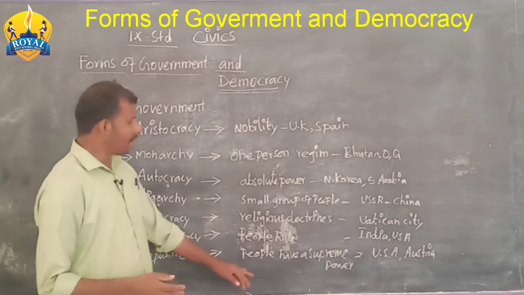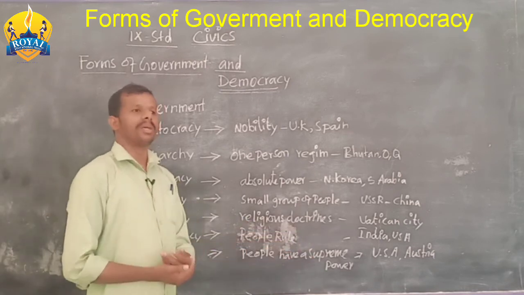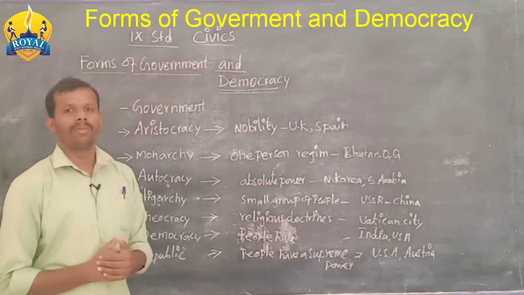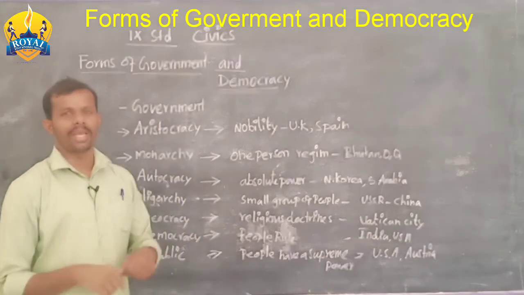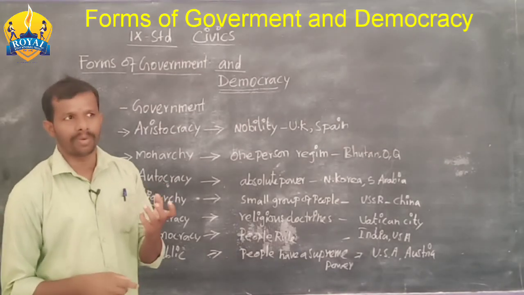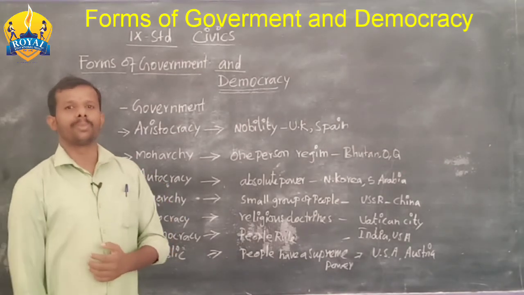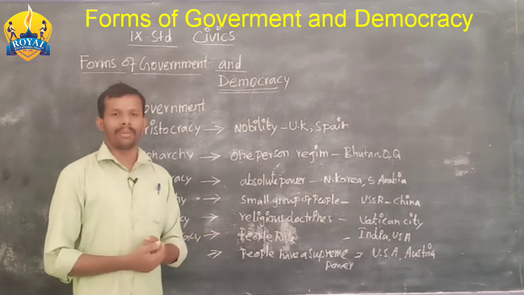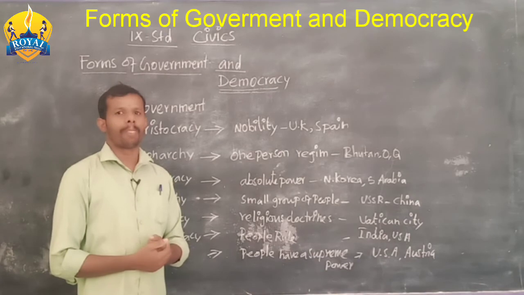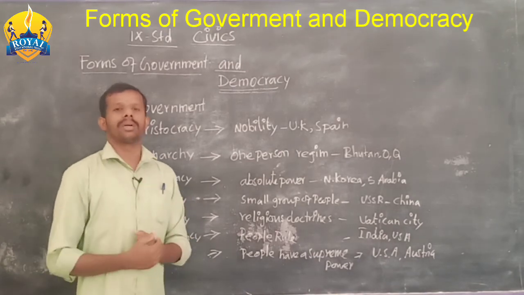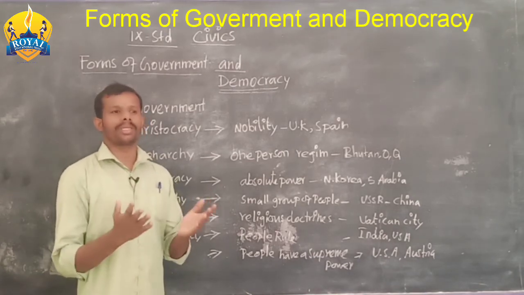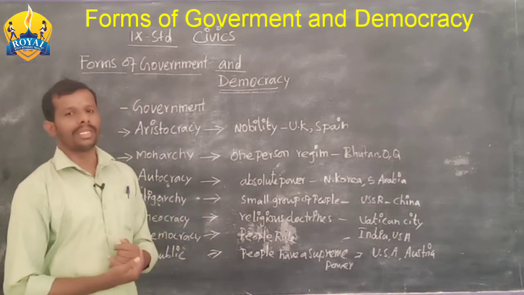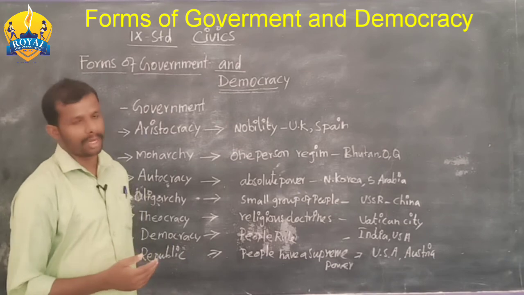Republic means the people have supreme power. What power are we having? Yes, the supreme power. What is the supreme power? The constitution is the supreme power. The republican form of government is ruled in the name of the constitution. Nothing is beyond the constitution. No ruler can act beyond the constitution. That is called a republican form of government.